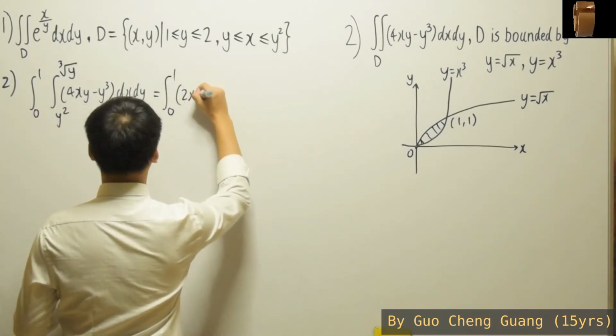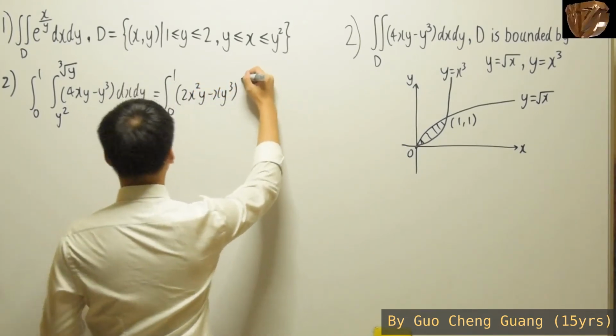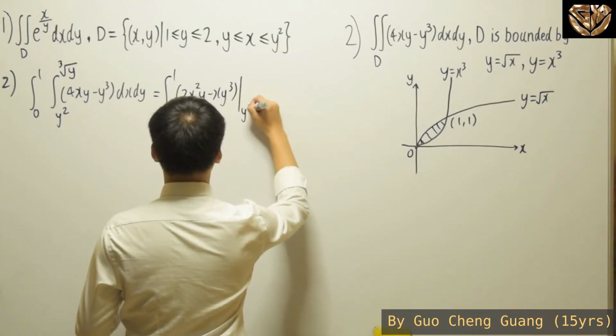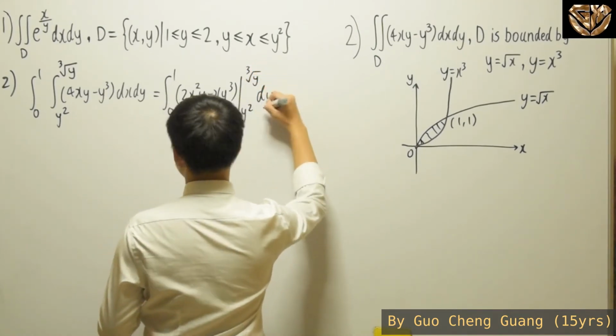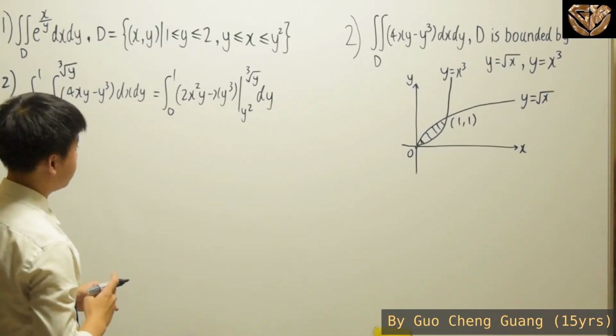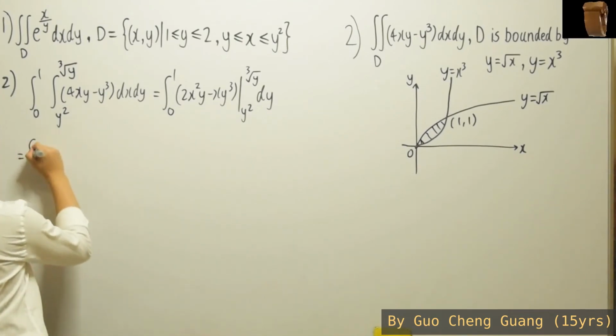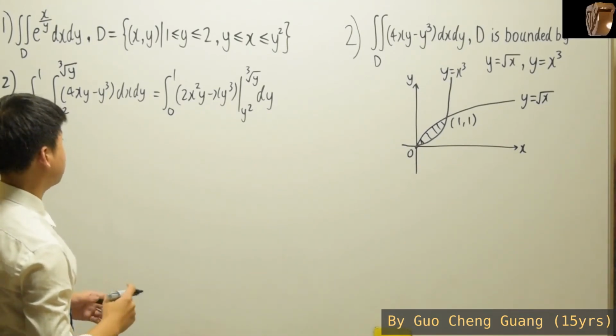Now we get 2x squared y minus xy cubed, and then substituting the values of y squared and cubic root y, then dy. So in this part, next you're just substituting the values for x.